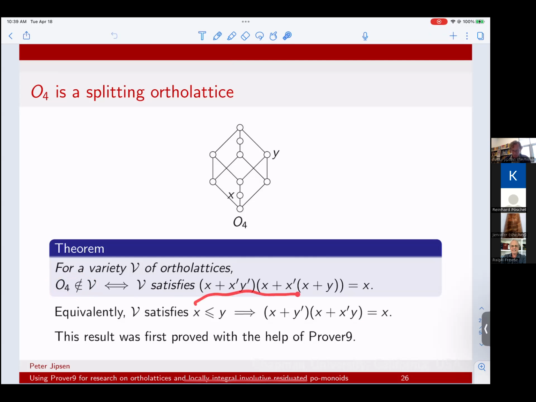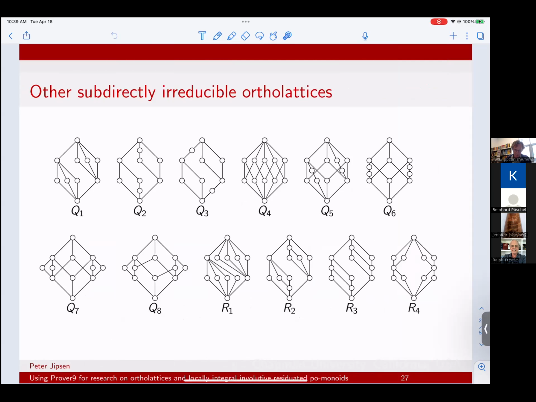But then if you know an equation, that's another formula. Both of them are first order. So you really just have to prove the equivalence between 2 first-order properties, and Prover9 was able to do that. Then one had to analyze that proof, which was somewhat interesting. Usually the Prover9 proofs are excruciatingly long, and you have to carefully look at what's going on there. And finally, you understand something.